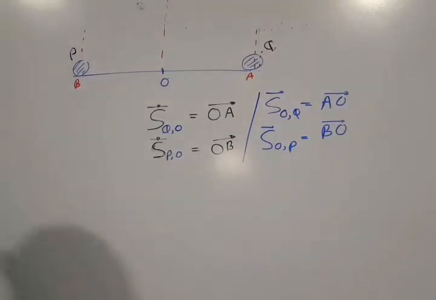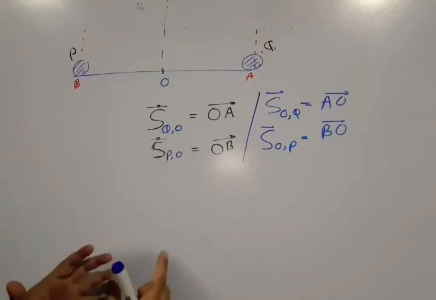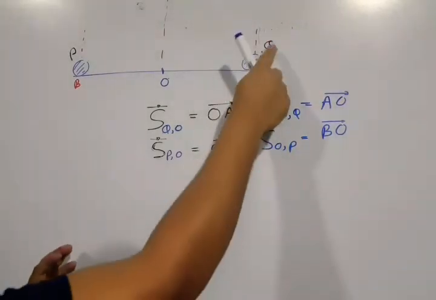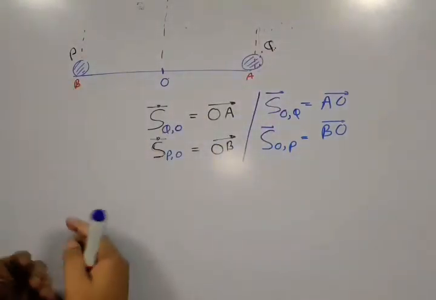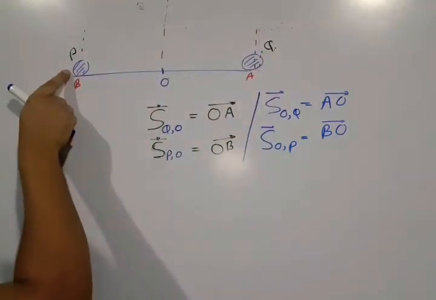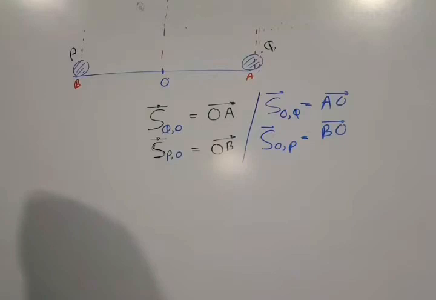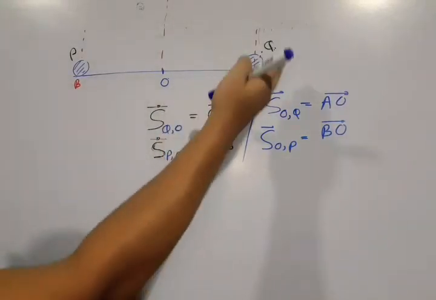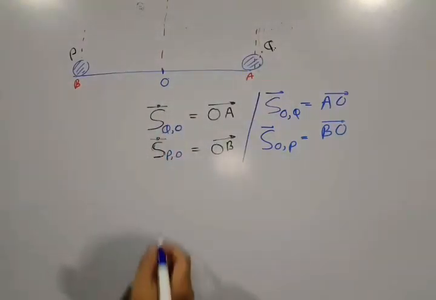Now, if you want to calculate how far away Q is from P, or what is the displacement of Q with reference to point P, so if you're standing here, you will know how far Q is away from you.